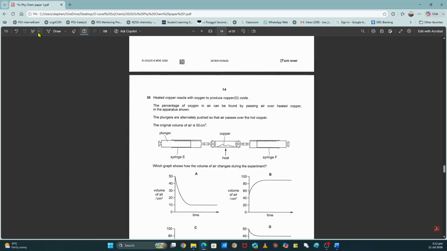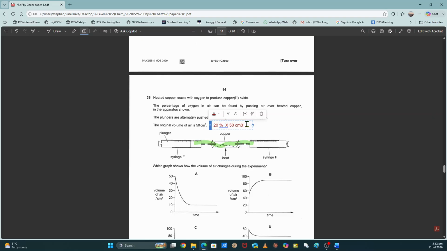All the oxygen that I highlighted here is all used up because the copper reacts with oxygen. So if it's originally 50, let me put it simple, 20%. What's 20% times 50 centimeter cube?